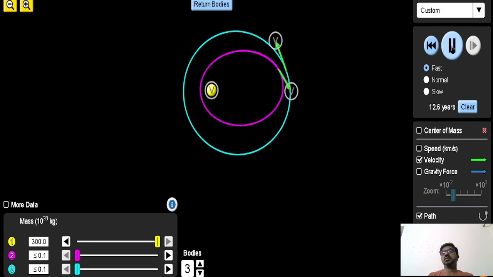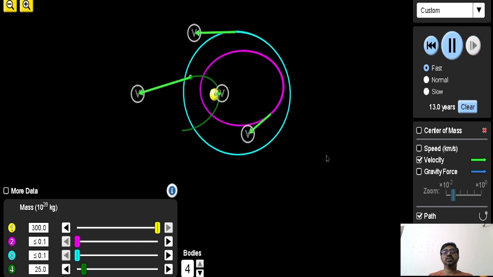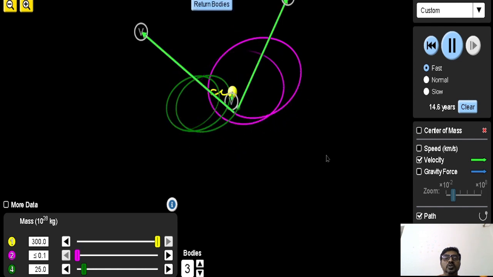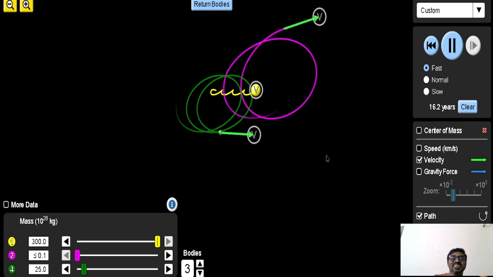Okay. Now let's go back again to four objects. Another one I'm going to bring in and then run the simulation. Are we going to have a collision? You see, the paths are going to be pretty complicated. Very interesting.